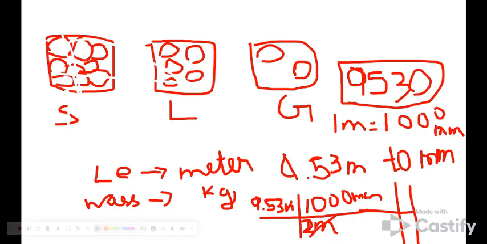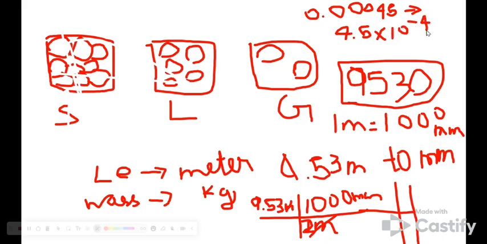For scientific notation, if it has 0.000045, I could write that as 4.5 times 10 to the power of negative 4.